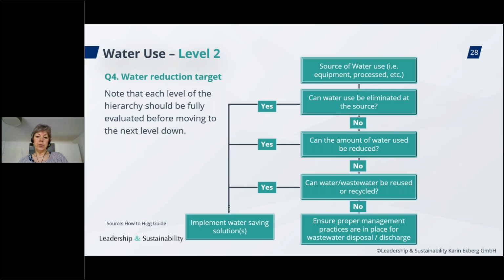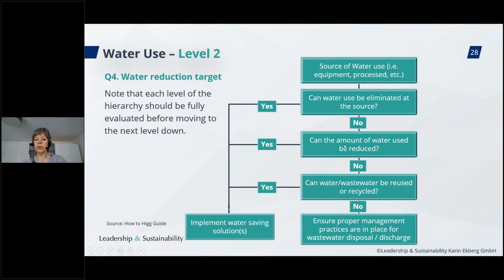And then there are a few simple steps that you can take. This is a very, very simplified diagram, but you can basically walk through the process here from the top to the bottom. You look at the source of water that you have and you ask yourself, can I eliminate the use of water at this source? Do I really need this source? And if you say yes, then you can implement a corresponding solution.